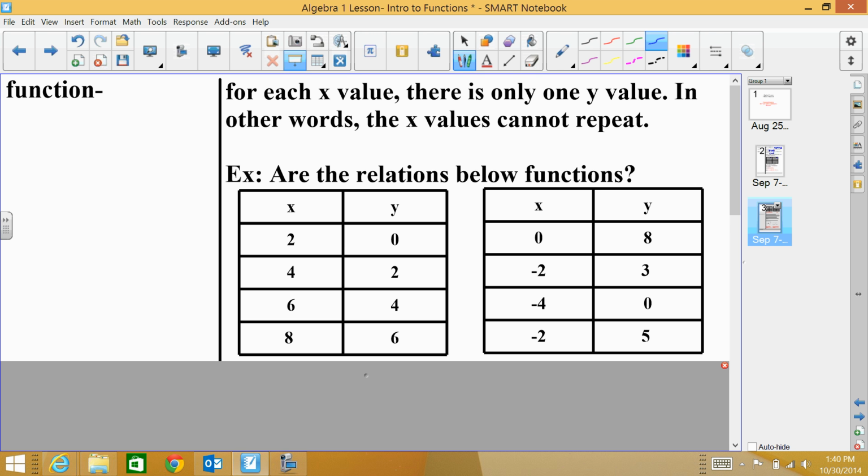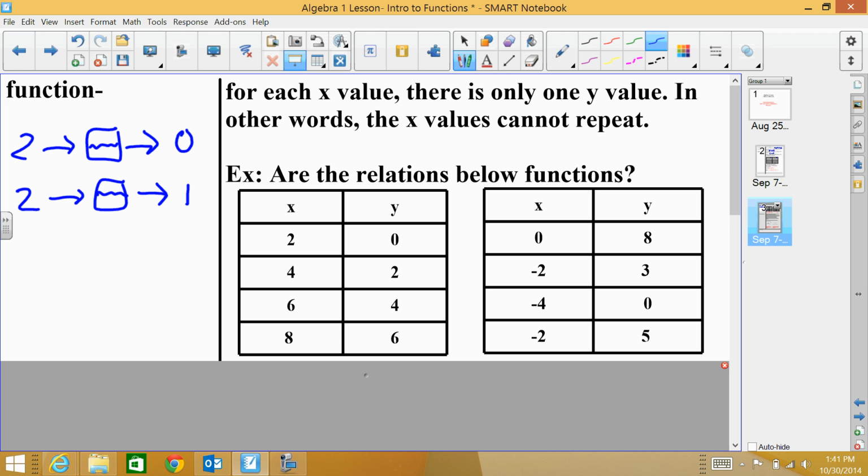If you think of a function as a machine, if you have a 2 and you put it into your machine and it does its thing, and a number comes out, let's say it comes out 0, then the next time I put in a 2 into my machine, it better come out 0. If it comes out a 1, then my machine's broken. So if I have (2, 0) as one of my points and (2, 1) as one of my points, then this would not be a function because the x value repeats and I have two different y values.